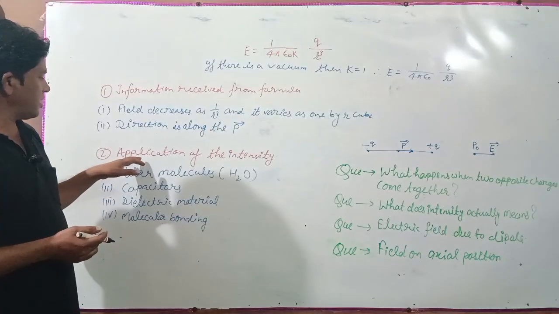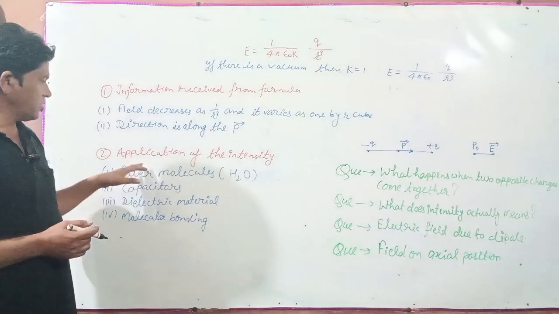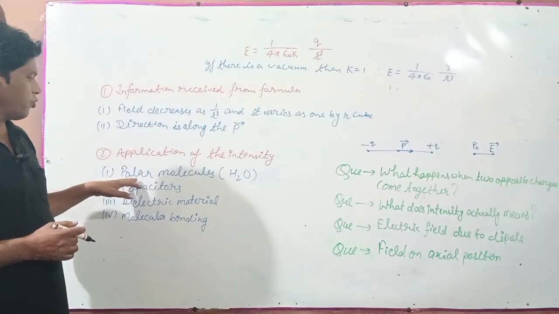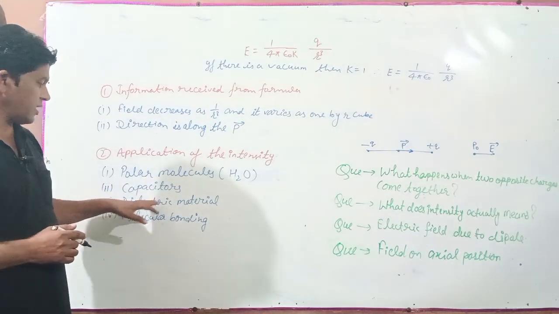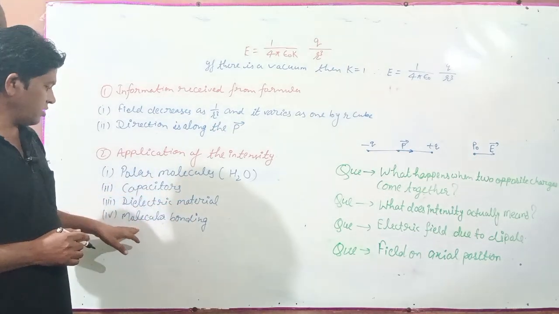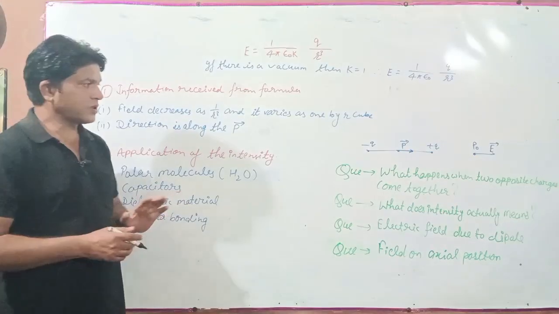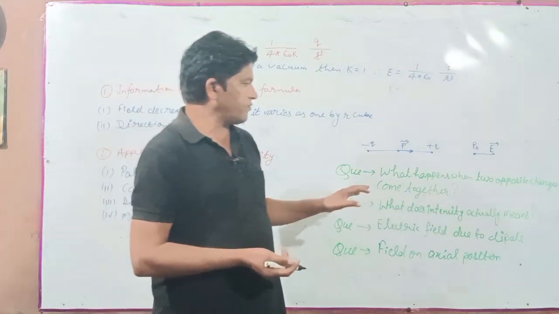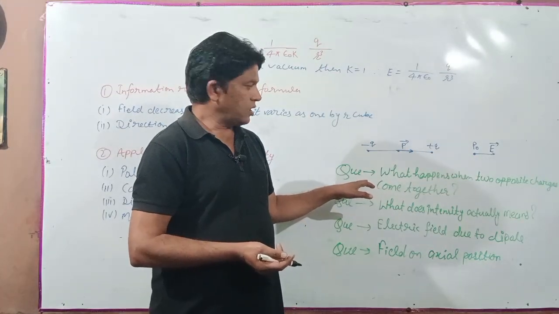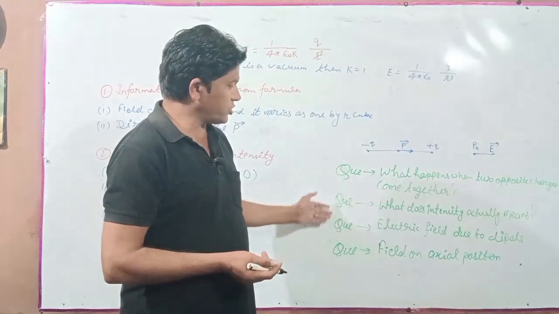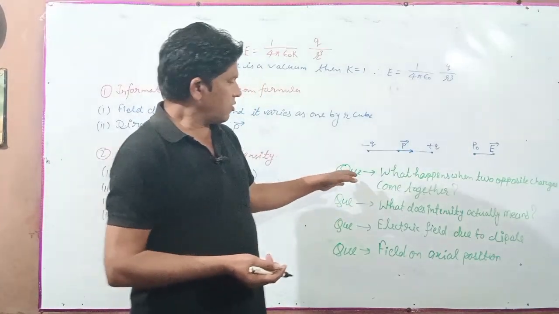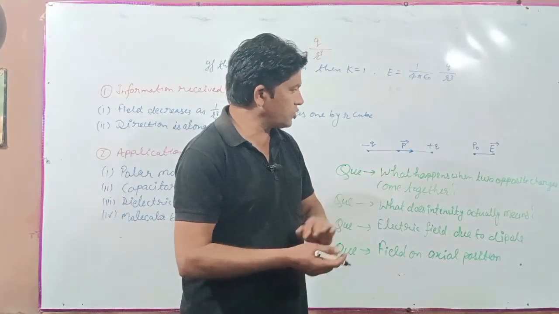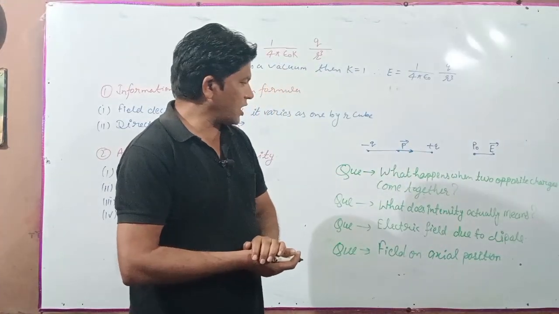Now the other is the application of the intensity. The applications of intensity are polar molecules, capacitors, dielectric materials, and molecular bonding. As we discussed at the start, 4 questions were asked. The first question: what happens when two opposite charges come together?